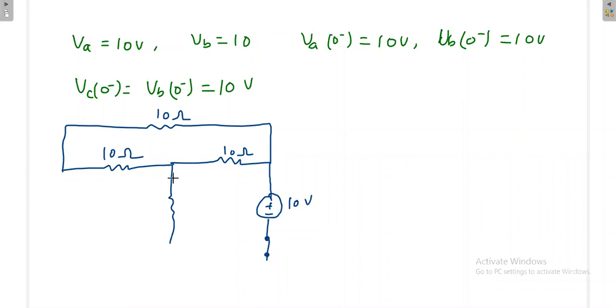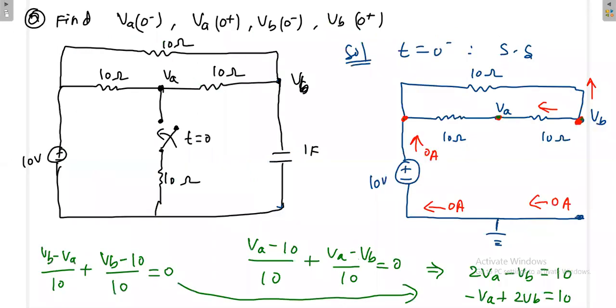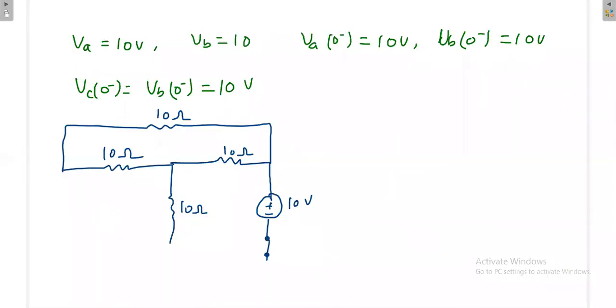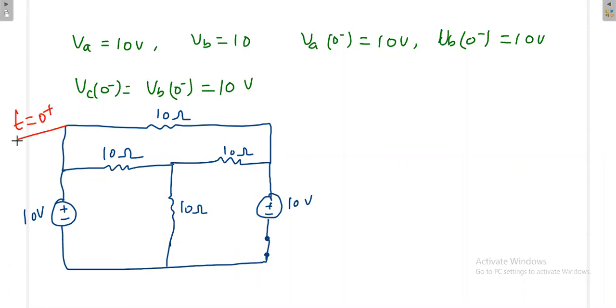Again, this branch will be included because there we have the switch. Again, you write the rest of the network. This is 10 volt. Now this is the state of the circuit at t equal to 0 plus. The moment you apply the switch operation, this will be the state of the circuit.